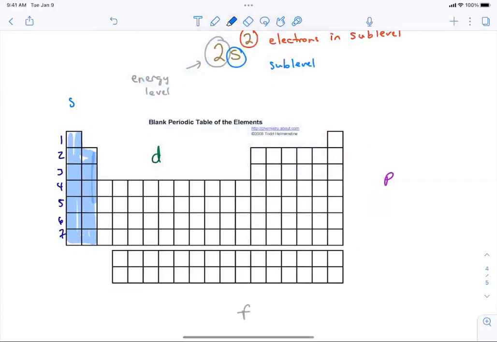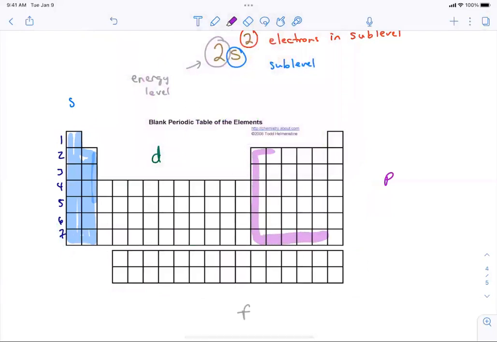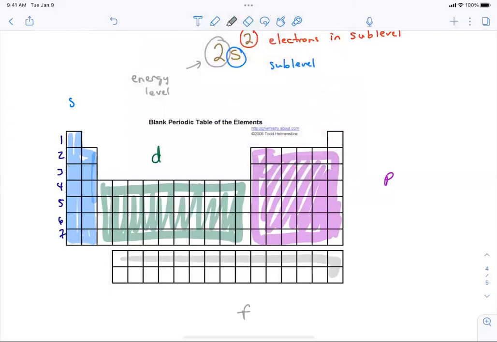Because the circling was kind of all over the place, and some of it was inaccurate. Yeah, that's better.